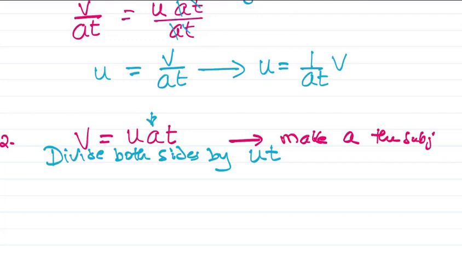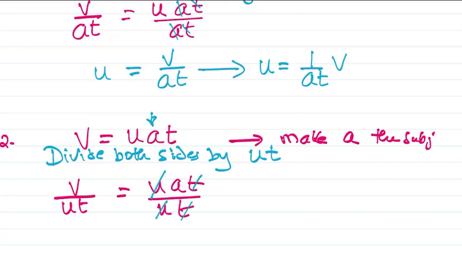We have V over UT and UAT over UT. You notice a similar thing: U will cancel out and T will cancel out.